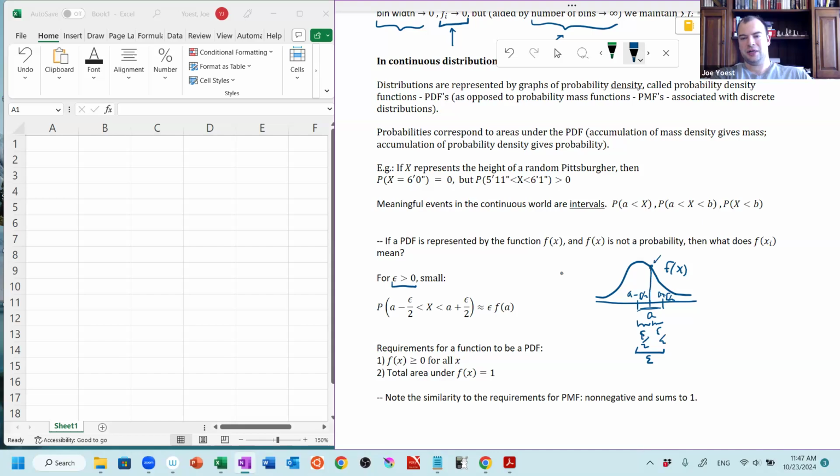My function output here is f of a. What does f of a mean? It basically means that I can estimate the area under this curve, which would be the probability, as interval width epsilon times an estimate of the height of this curve, f of a.